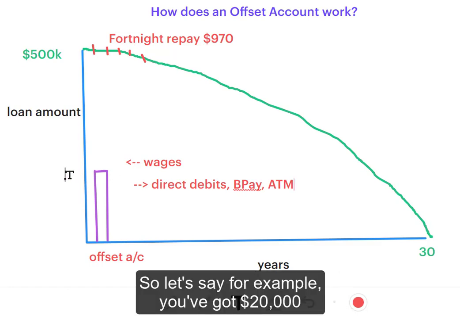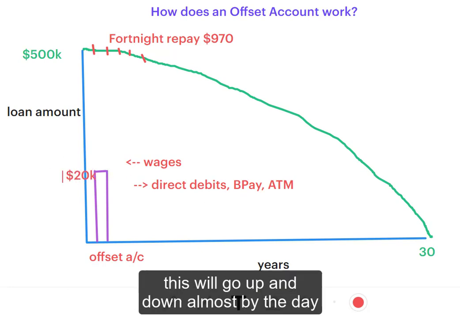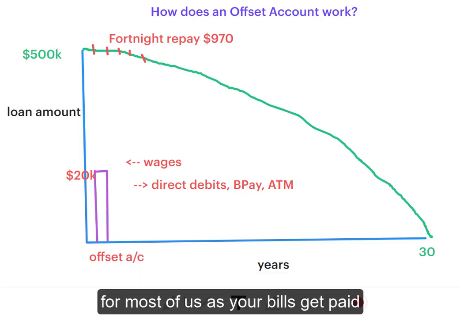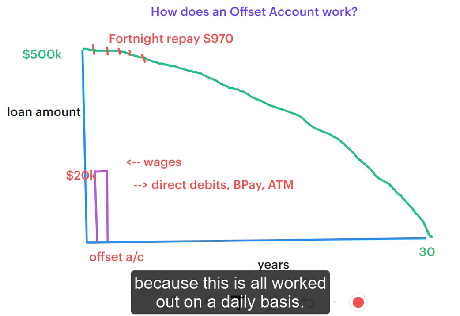So let's say, for example, you've got $20,000 in your offset account, just as an example. Now this will go up and down almost by the day for most of us as your bills get paid and so on, and that's okay because this is all worked out on a daily basis.